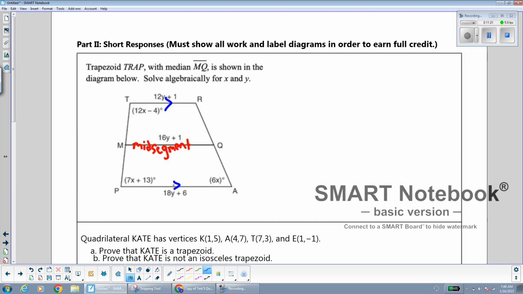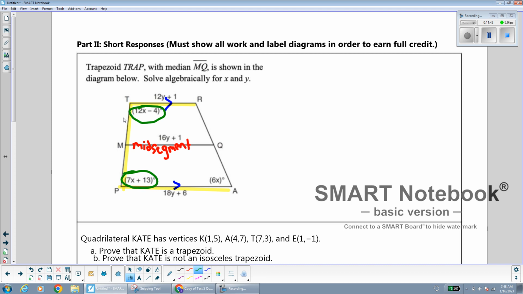And remember, if the bases are parallel, since we have parallel lines cut by a transversal, the upper base angle and the lower base angle directly below it are same side interior angles, so they're supplementary to each other.